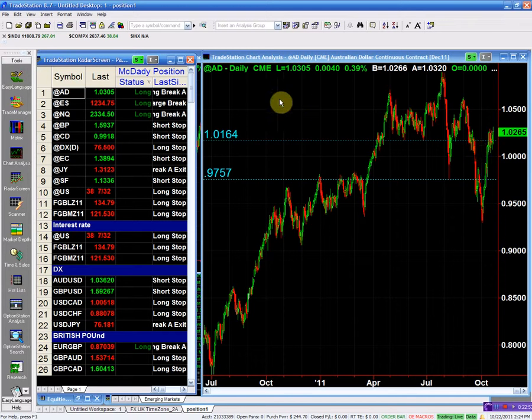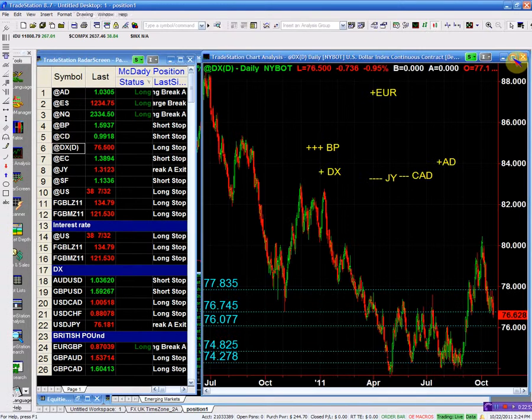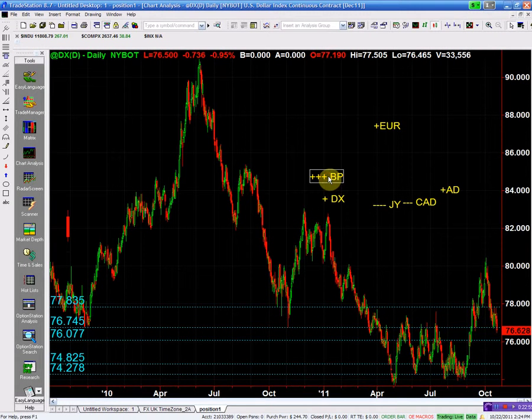So our choice now would be like this. Again, these are the ones that we're going to be looking at. Primarily, we're looking at the British pound. We're looking to be buyers of the British pound, and we're going to be looking at selling the yen against it, selling the CAD, and then selling the Aussie and the euro. So the first is selling the yen, second selling the CAD, then the Aussie and the euro, and by then we get to the dollar.